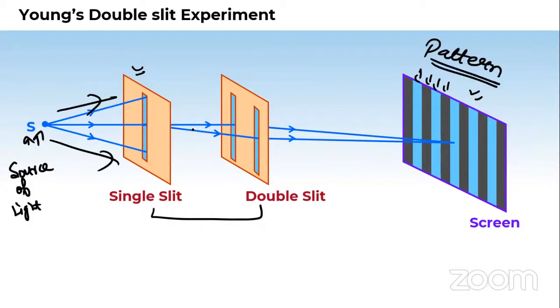See, students, carefully. Why is the requirement of these two slits here?